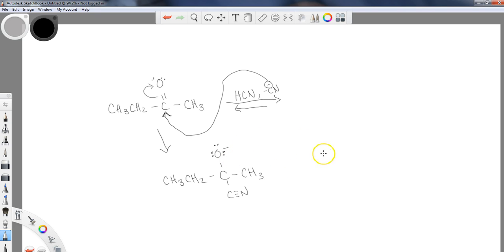And so the second step that would occur here, because I have the presence of HCN, is that one of these lone pairs on the oxygen would go after the hydrogen. This would regenerate CN minus, and so at the end of the reaction I would get the cyanohydrin that would look like this.